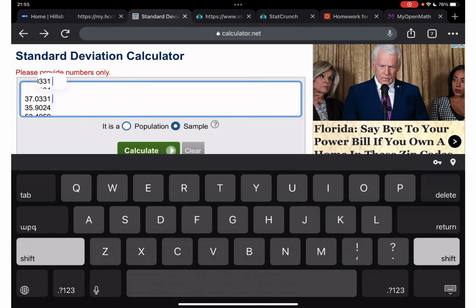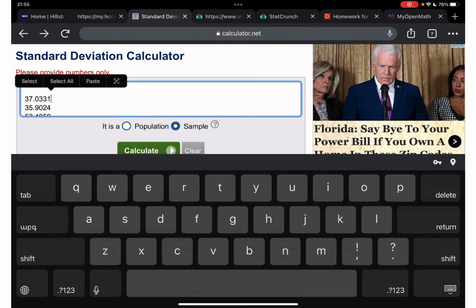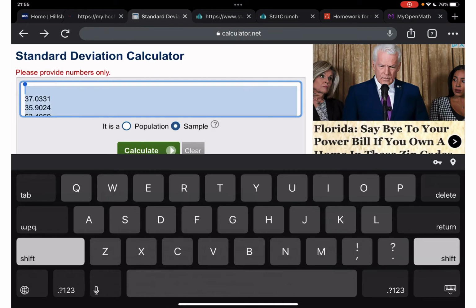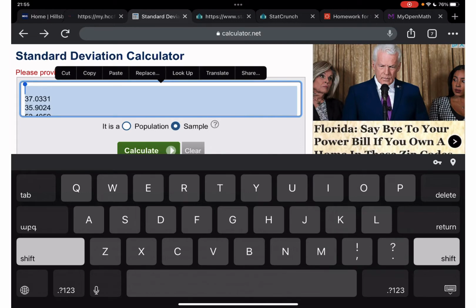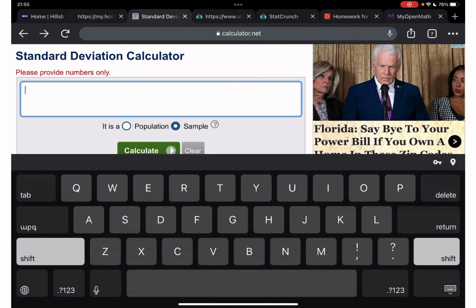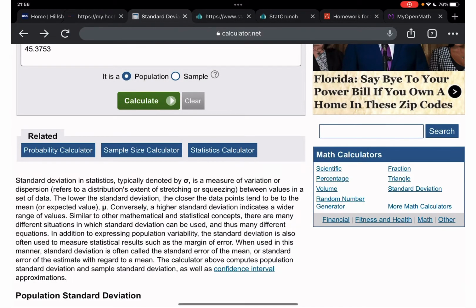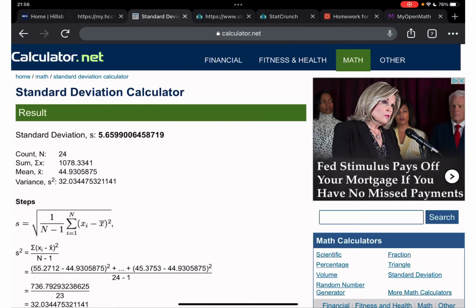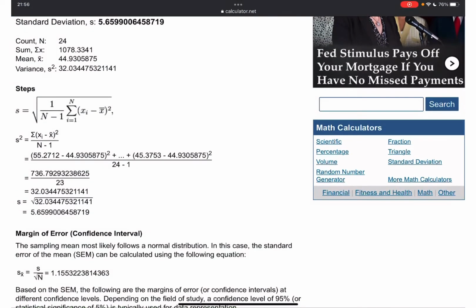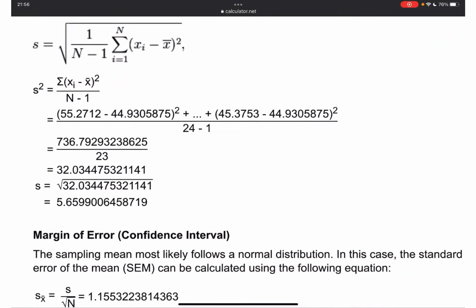Let me clean whatever they have here. Okay, now we can paste. All right, and since we need to find S, which is our sample standard deviation, we choose not the population, but sample, okay? And click calculate, and we are getting S, here it is.